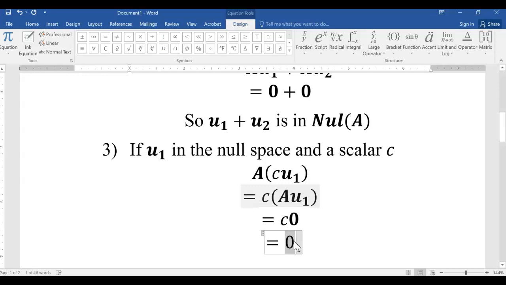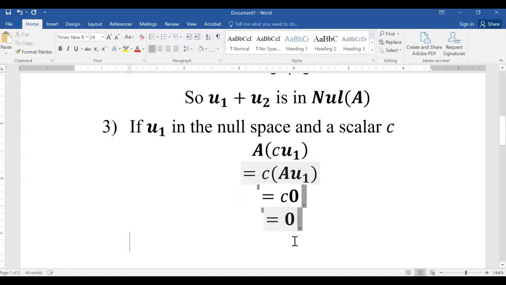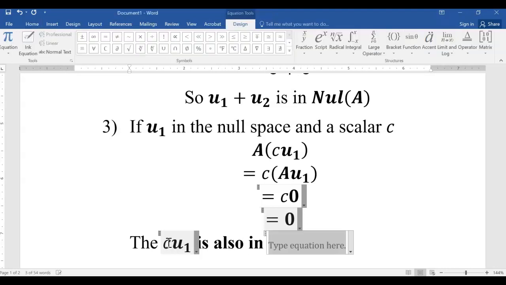And so what that means is that the scalar times U1, originally what I had in here, is also in the null space of A. All right.